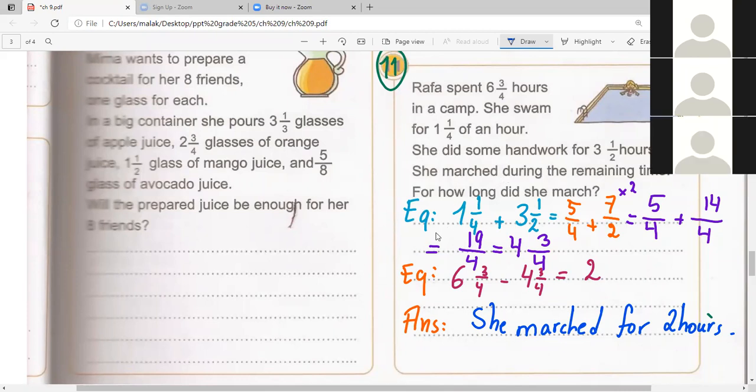In the first equation we found how many hours she spent in both activities, swimming and handwork, so we add them both. Then we find the remaining time, so we subtract the answer from the total, 6 3/4. She has 2 hours left, and in these 2 hours she does marching.